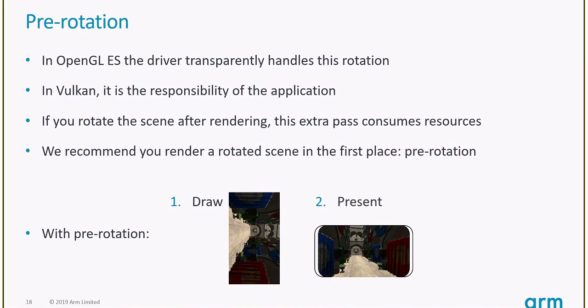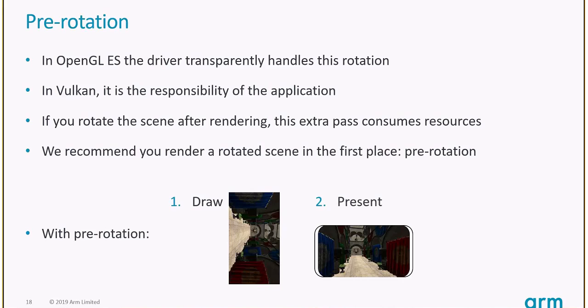It's a bit trickier if you're going for a mobile optimized forward rendering pipeline, where a big part of your rendering is directly to the swapchain image, because in that case you have to rotate your scene, you rotate your UV coordinates, and readbacks become really tricky.